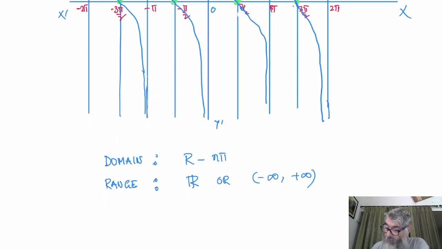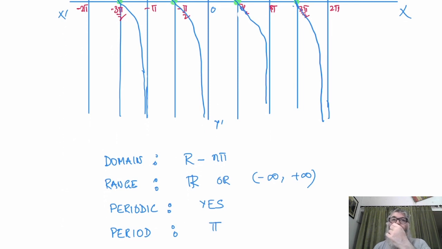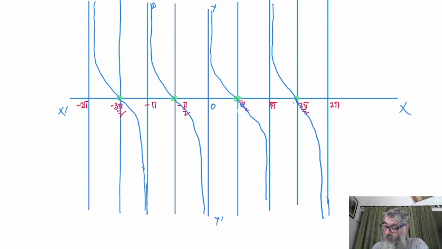Is it periodic? Yes, it is periodic. What is the period? Period is pi. It is varying from minus pi to 0, or 0 to pi, so the period is pi.